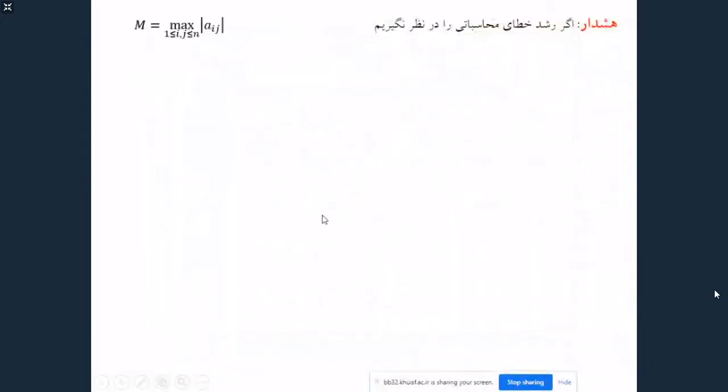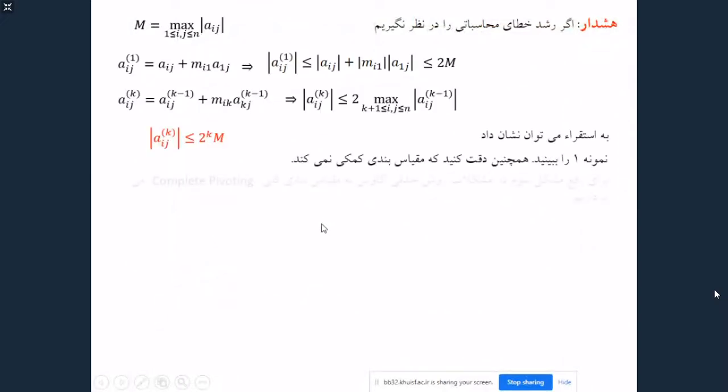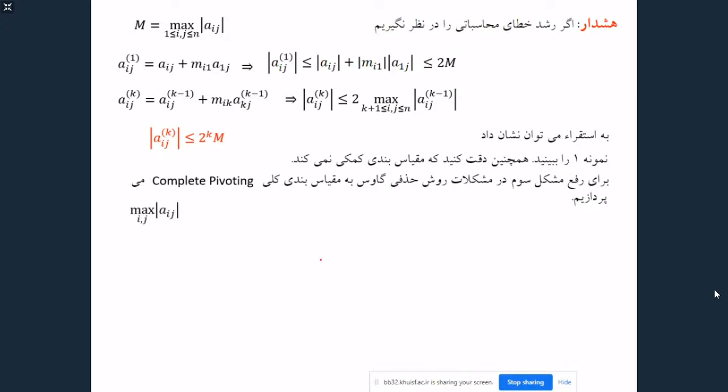We are talking about complete pivoting. In this method, we first calculate the maximum absolute value of a_ij for all i and j. If it is a_pq in absolute value, meaning the row p and the column q, we do R1P.